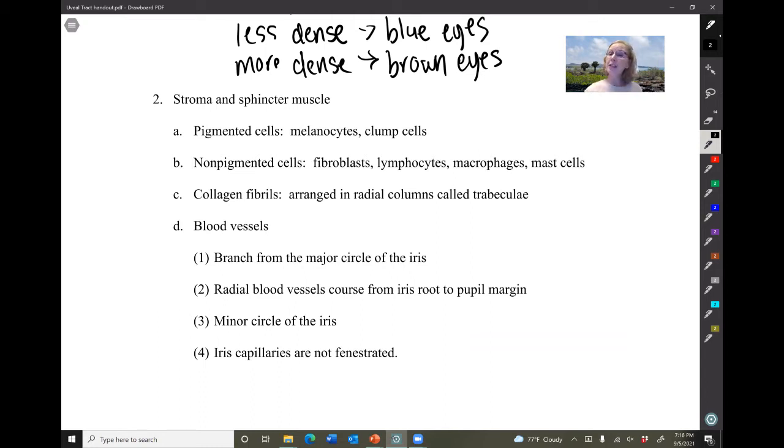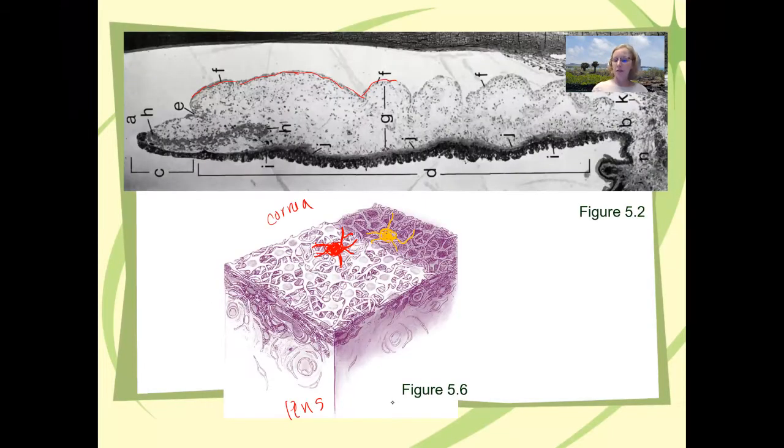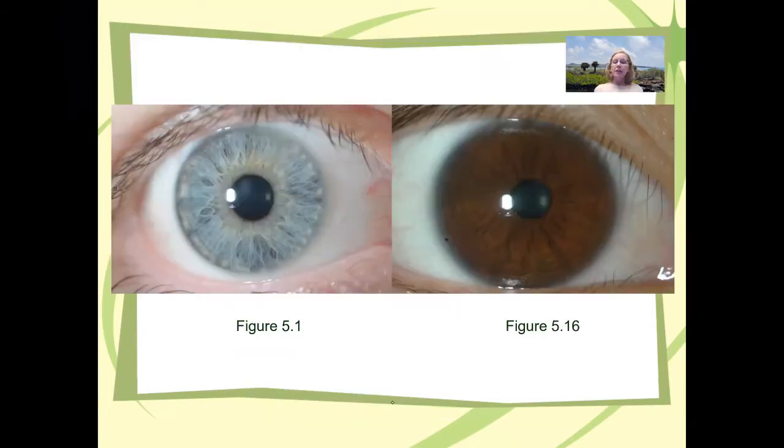You can actually see those clinically. They're easier to see in the lighter eyes. You can see these radial striations throughout the blue iris. Very difficult to see. Maybe a few of them you can see in the brown iris, but they're much more difficult to see in the dark iris.